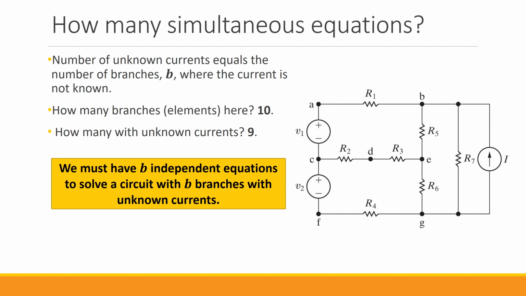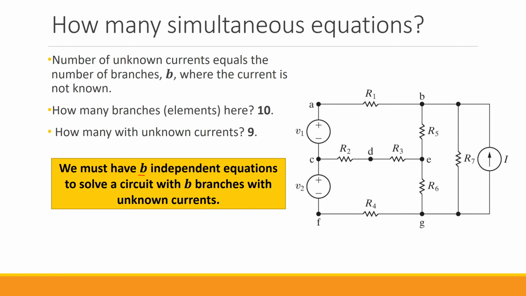For us to be able to solve this circuit based on the systematic approach, we must have B independent equations to solve a circuit with B branches with unknown currents. Here we have in total 10 branches, but out of these 10, 9 are unknown and 1 is known.